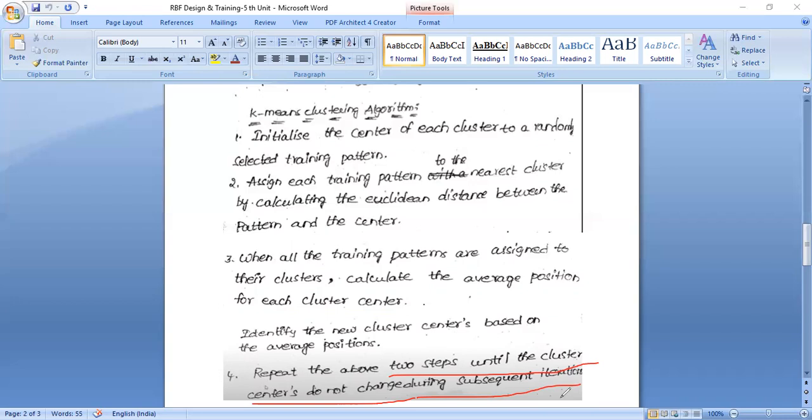What about the next one? What about the second one? Let us move to the second one now.